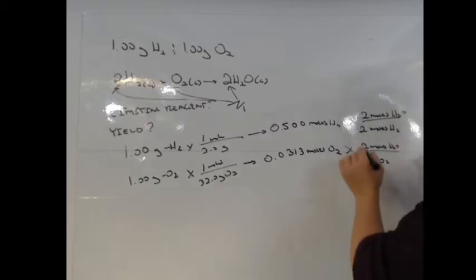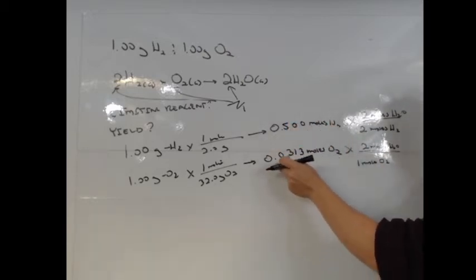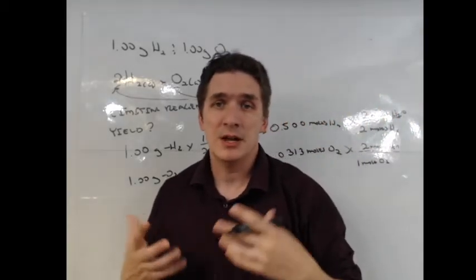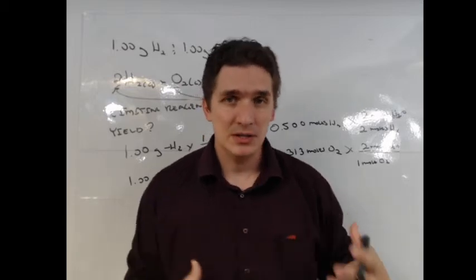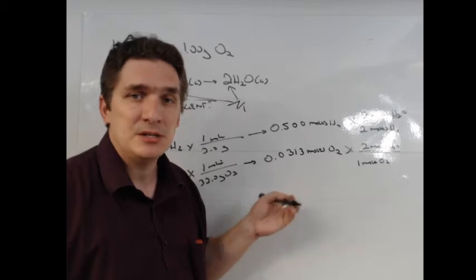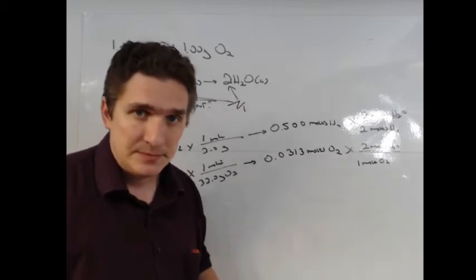And when we work it out, this will produce 0.5 moles of H2O, and this will produce 0.0626 moles of H2O. So the smaller yield indicates the limiting reagent. So this ends up being the limiting reagent because it produces the least amount of H2O. That is one way to do it.